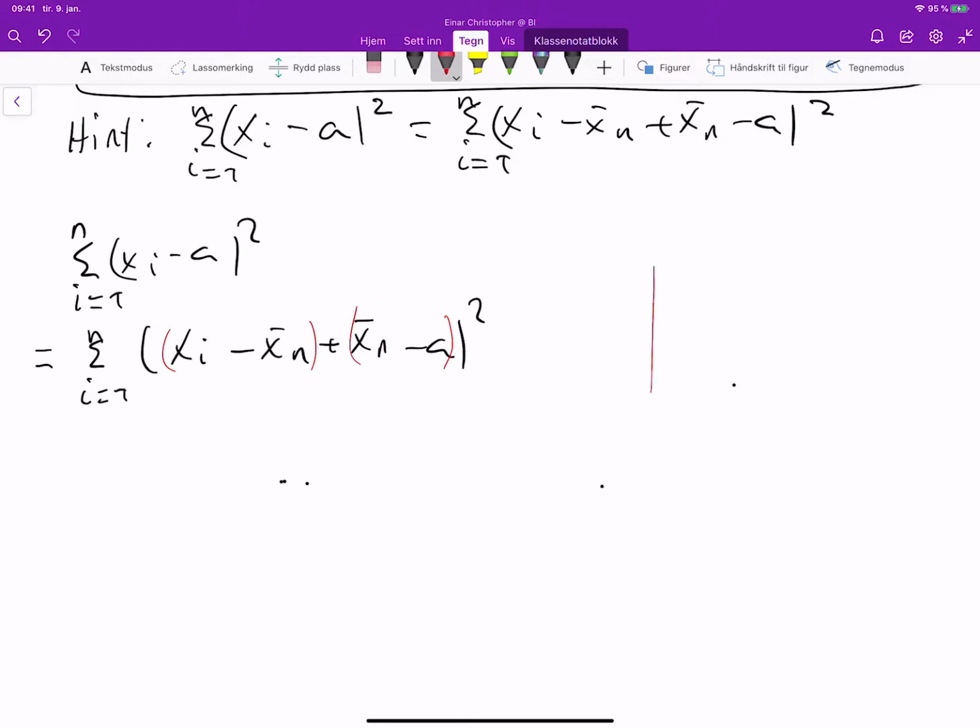And remember from high school that if you have, for example, x plus y to the power of 2, this is the first square rule: x to the power of 2 plus 2xy plus y to the power of 2. But now x is xi minus x bar n. So here we get this equal, using the rule on the right side in red.